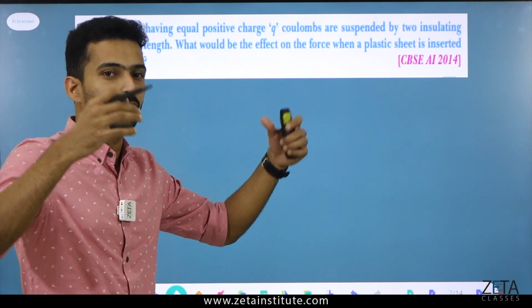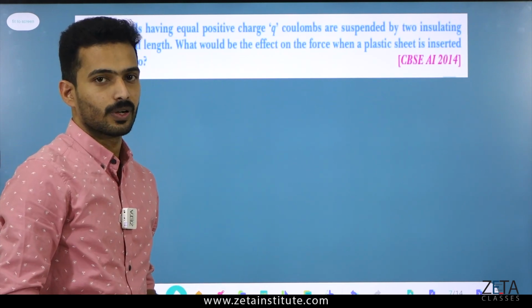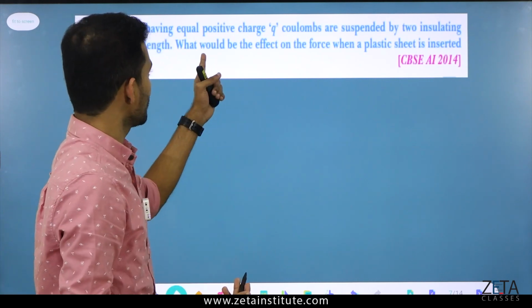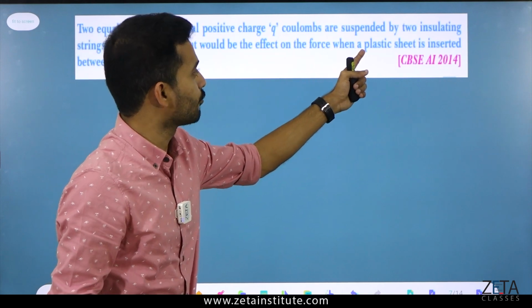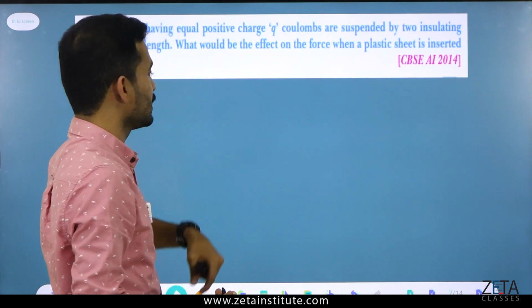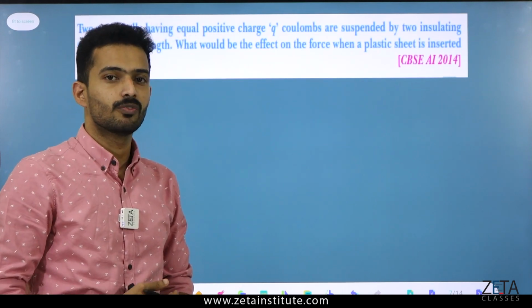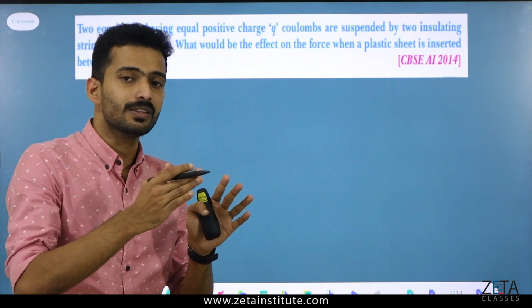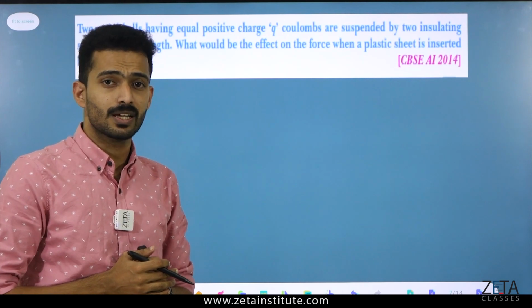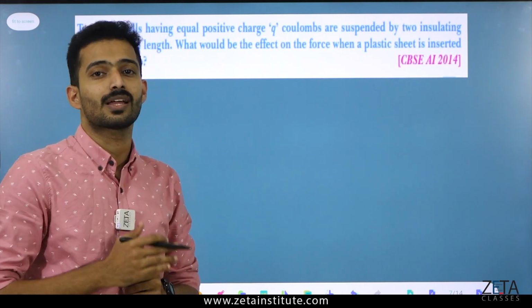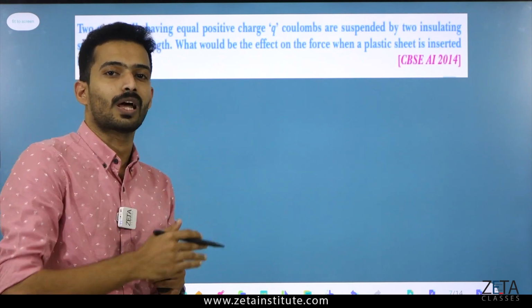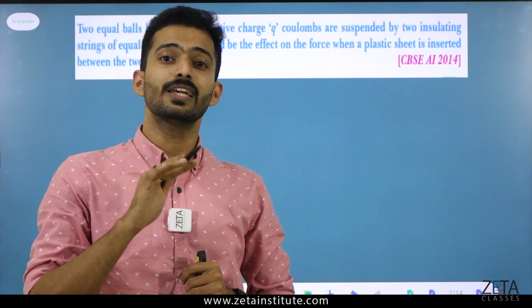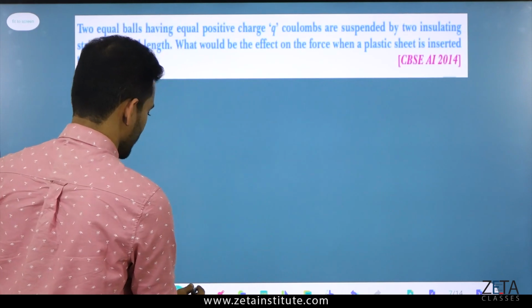They repel due to a force. We are placing a plastic sheet between these two charges. That means the medium between these two charges changed from air to plastic. Then we know that its force decreases. We have already studied that.